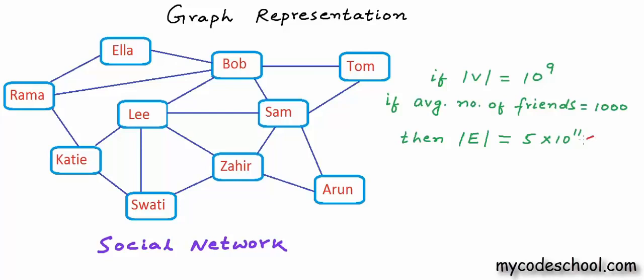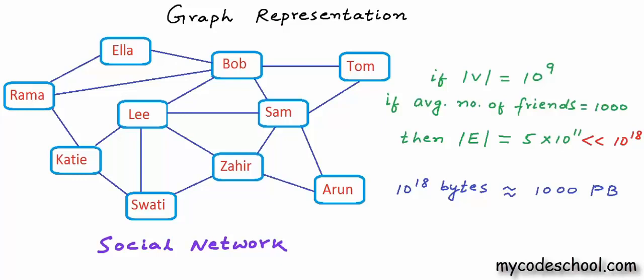Now this is a lot lesser than the square of the number of vertices. So basically, if we used an adjacency matrix for this kind of graph, we would waste a hell of a lot of space. And moreover, even if we are not looking in relative terms, 10 to the power 18 units of memory, even in an absolute sense, is a lot. 10 to the power 18 bytes would be about 1,000 petabytes.